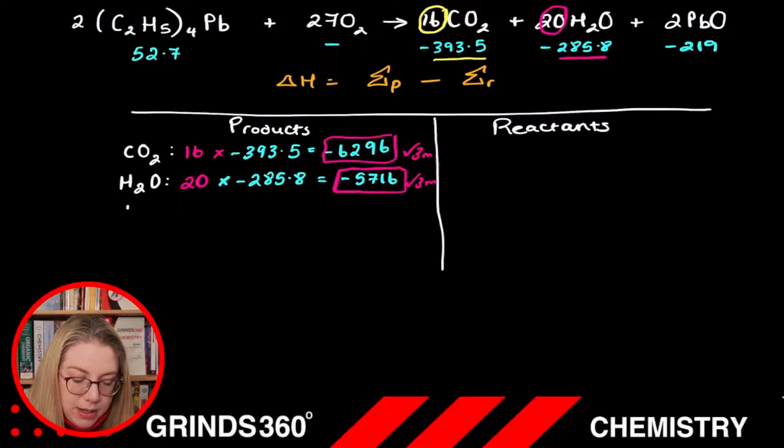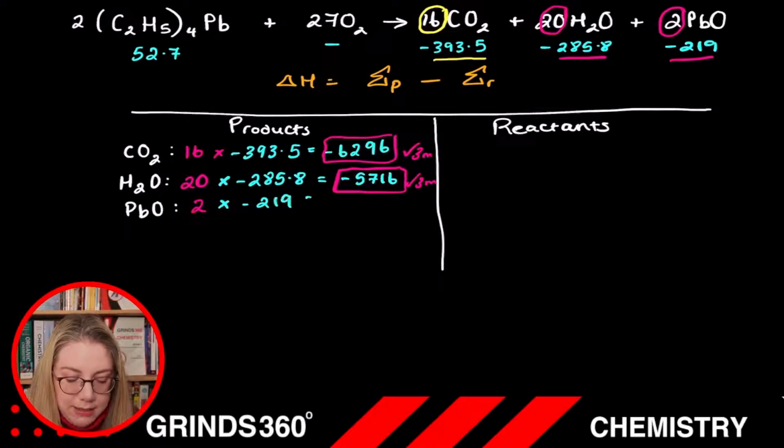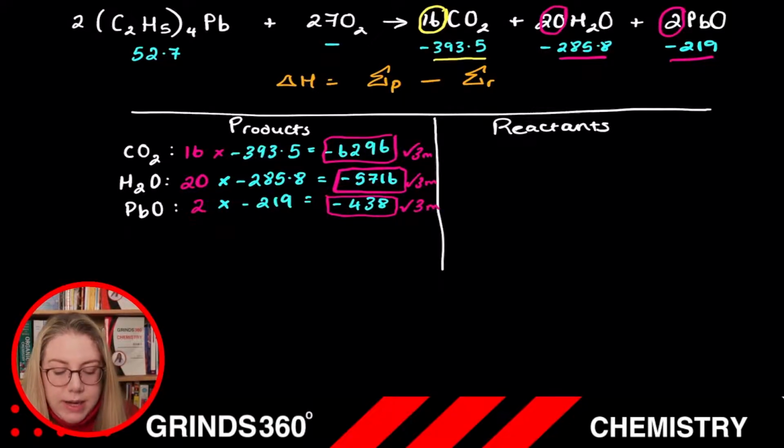My third product, we have lead oxide. You take the number in front, which is 2, and you multiply it by the heat of formation. So that's 2 multiplied by minus 219, which is minus 438, which is another 3 marks. Right, so all in all, so far, I have 9 out of my 17 marks.